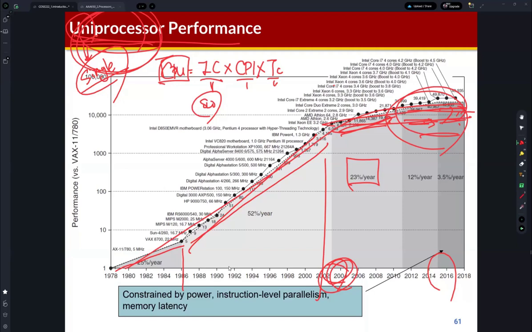But when we mention the performance of multi-core CPU, this performance represents the throughput. What is the definition of throughput? It's the amount of work done in a unit time, right?